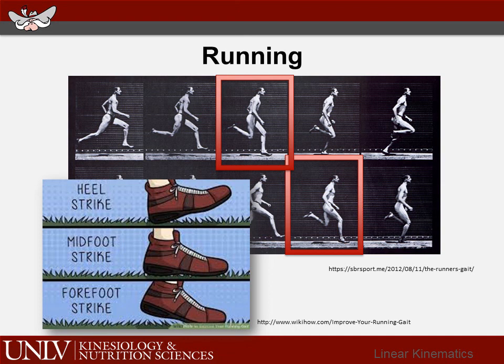There's a lot of debate, and this has become an area of great research over the last few decades. There is some controversy on trying to make people shift between foot strike patterns if they're not injured, but we're going to talk about that more throughout the class. So these are your heel strike, midfoot, and forefoot strikes.